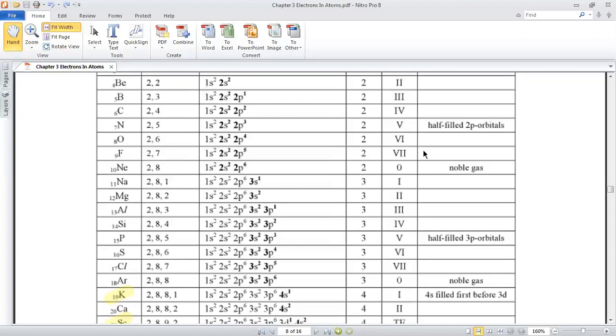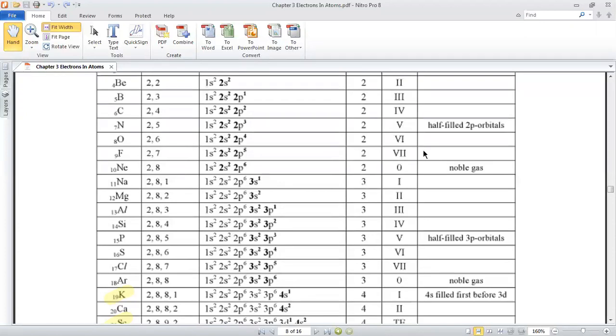So nitrogen has a half filled p subshell because p has 6 electrons and its half is 3, and all 3 electrons are in different orbitals and have the same spin. That's why they are quite stable. They are just as stable as a fully filled subshell. Therefore, 2p3 is quite stable.